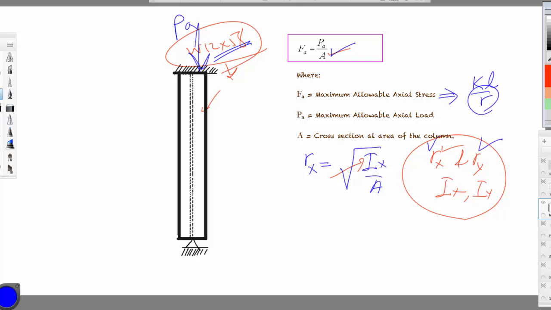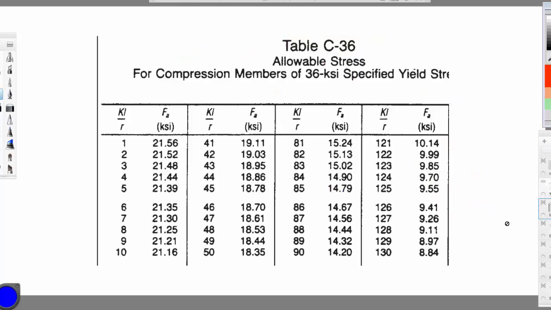All you need to do is figure out this FA, and FA can be figured out in a table. So we have tables like so. Once you know the value of KL over R, you should be able to get the value of FA. This table will be based on two types of steel. We are doing steel design, of course, for columns. There's C36 and there's C50.